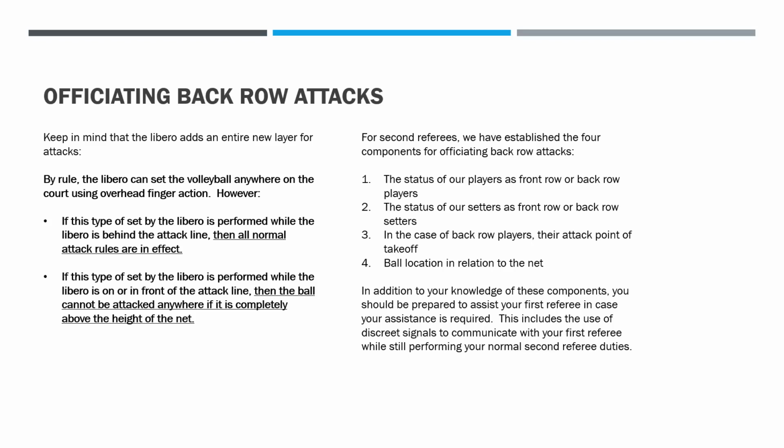Is the status of the particular player in question a front or back row player? If it is a back row player, where is their takeoff point in relation to the attack line? This includes the use of discrete signals to communicate with your first referee while still performing your normal second referee duties.